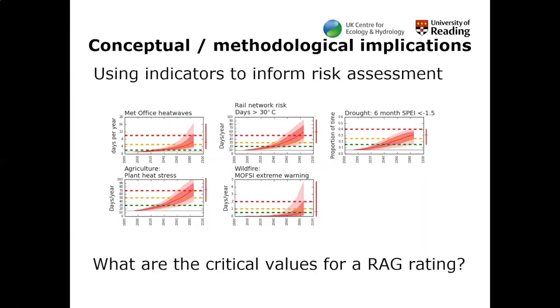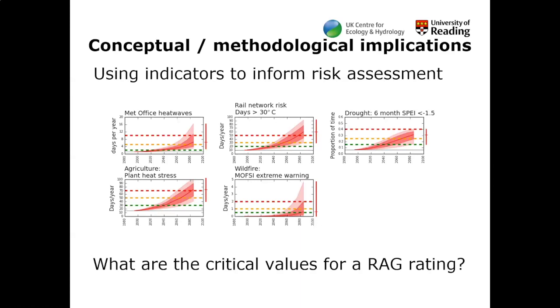The third conceptual and methodological issue is that when we've constructed our indicators, they're all numerical in the sense that they're numbers of days or the chance of exceeding some threshold, but we're not doing a risk assessment. We're calculating indicators which will be useful for those who might do a risk assessment.